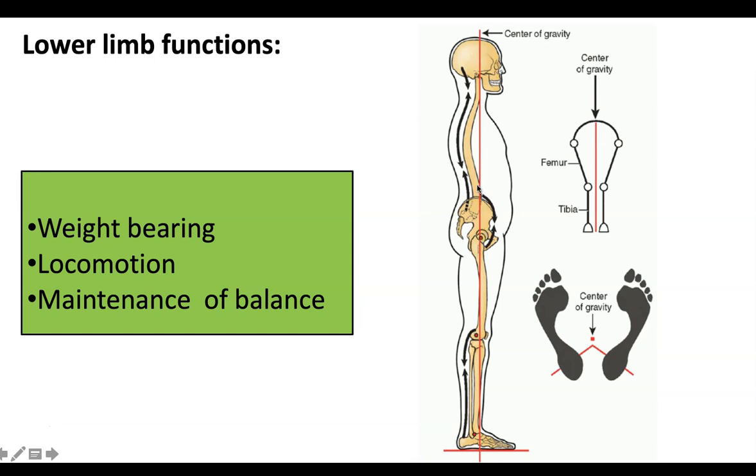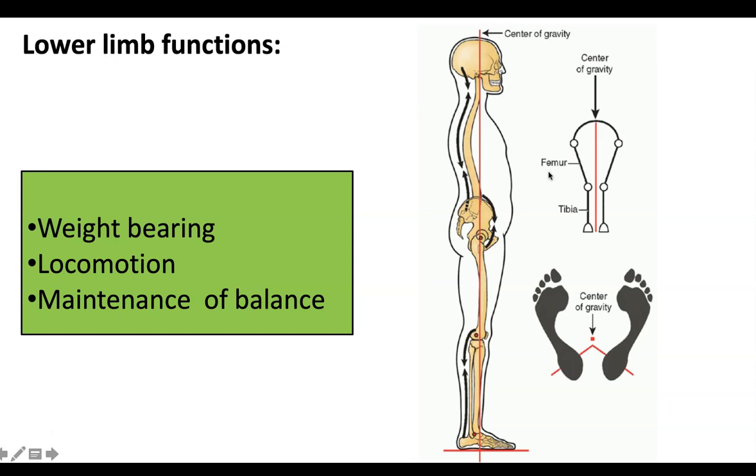When we stand, our body weight is transferred from the vertebral column through the sacroiliac joint into the hip bones, and from the hip bones the body weight is transmitted through the hip joint into the femur.